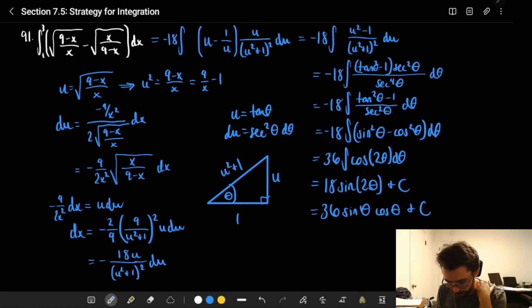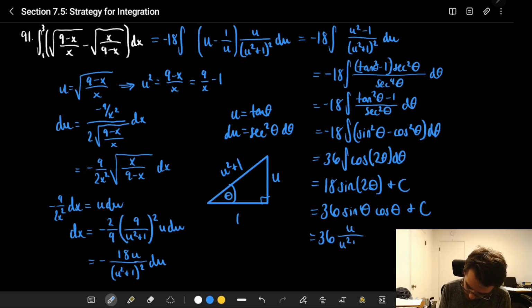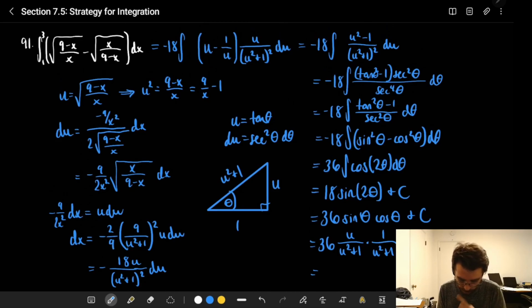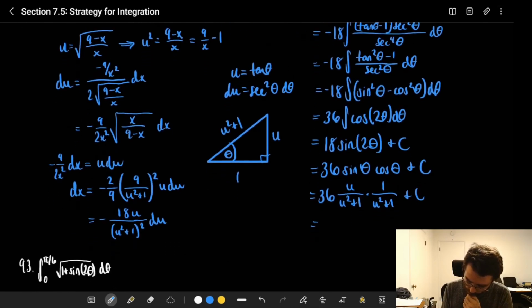Good. Sine is then opposite over hypotenuse, u over u squared plus 1, times cosine, which is adjacent over hypotenuse. And then u is that ugly square root, which is really hideous to plug in, but work with the hand you're dealt, I suppose.